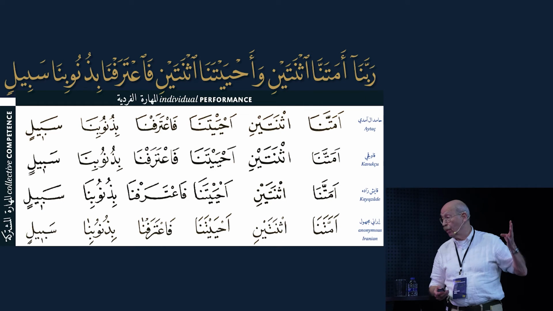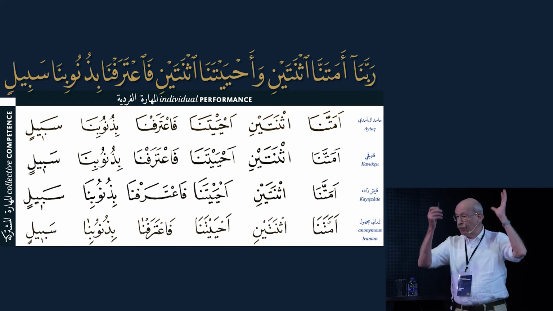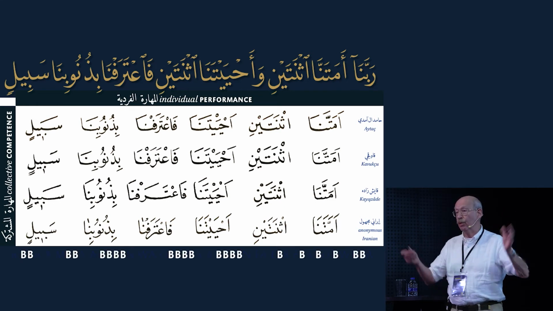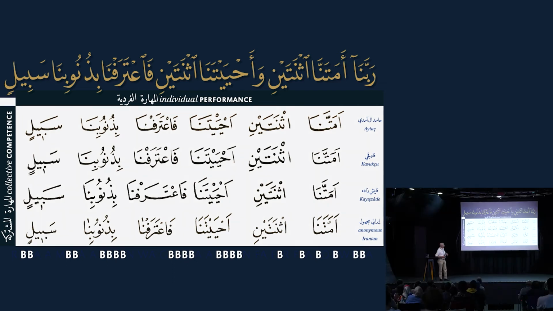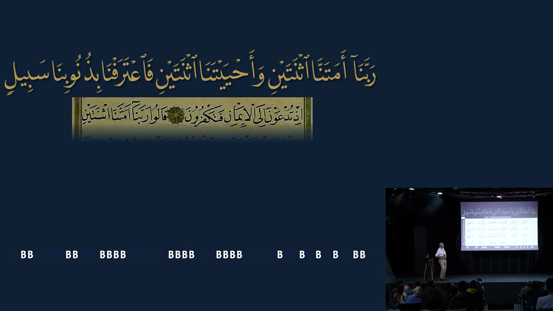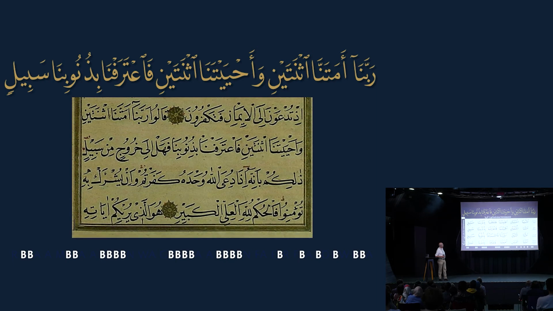But this is only 4, but if you do this with 40 or 400, you get a more precise image of the structure, and that's actually what Miriam and I have been doing over the years. So to keep you focused, this is the phrase, and these are the catches.